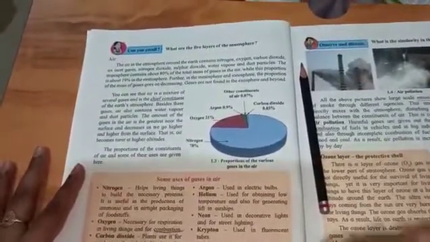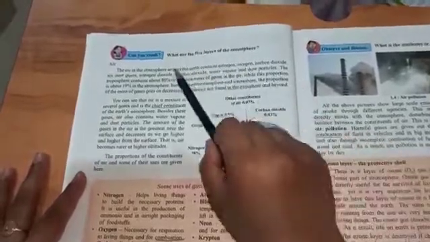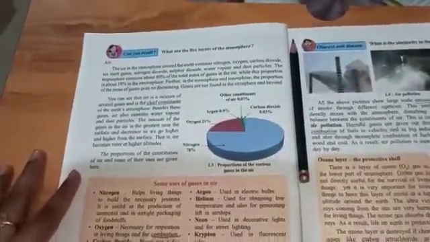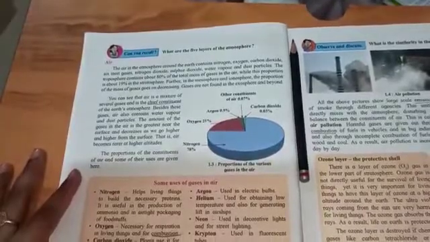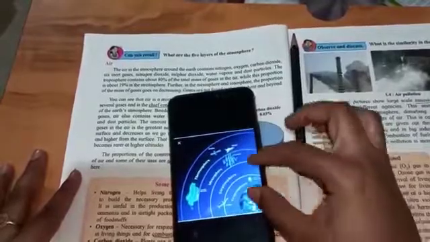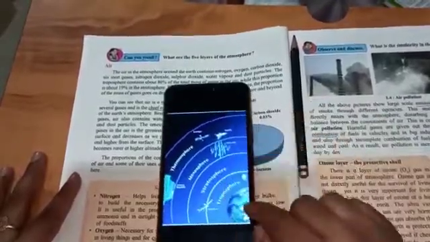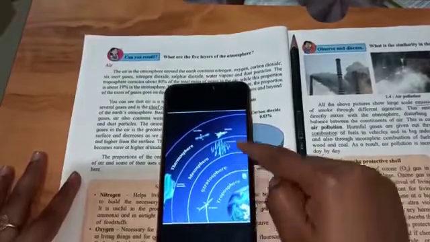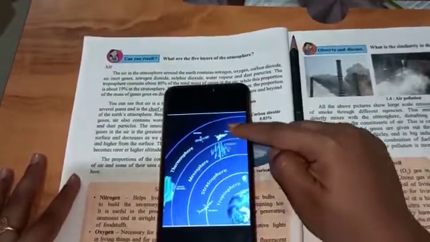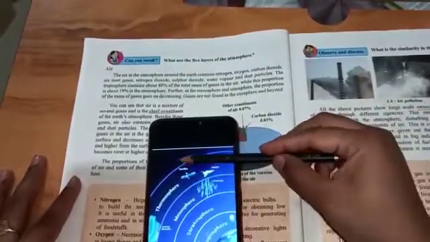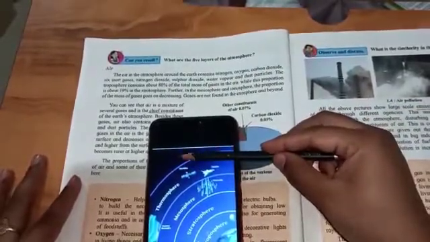Now first we have to study what are the 5 layers of atmosphere. Air is atmosphere, right? So there are different layers of atmosphere, and those layers are troposphere, stratosphere, mesosphere, thermosphere, and after thermosphere comes the exosphere.